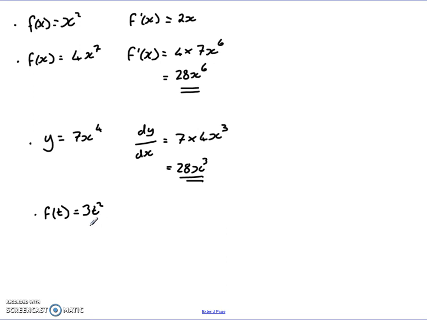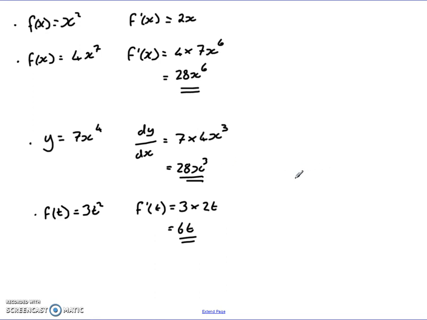The only thing that changes is my final answer will have a t in it rather than an x. And we still approach it the same. F dash of t equals, put the coefficient in front, then multiply it by the derivative. So bring the power down, 2 times t, reduce the power by 1, well it'll be a 1 there, so we just leave it blank. Then we do 3 times 2, which is 6, and I get 6t. Job done. It doesn't change when the letter changes, it's just the final answer has a different variable in it.